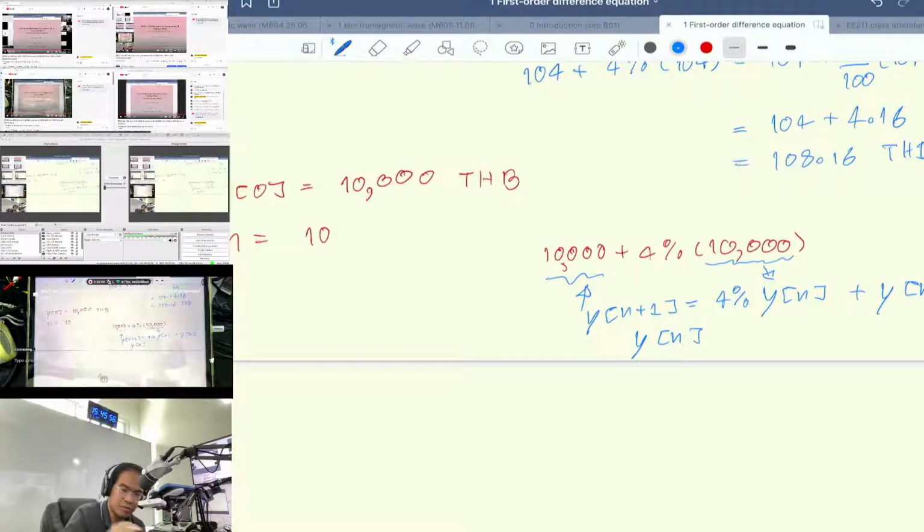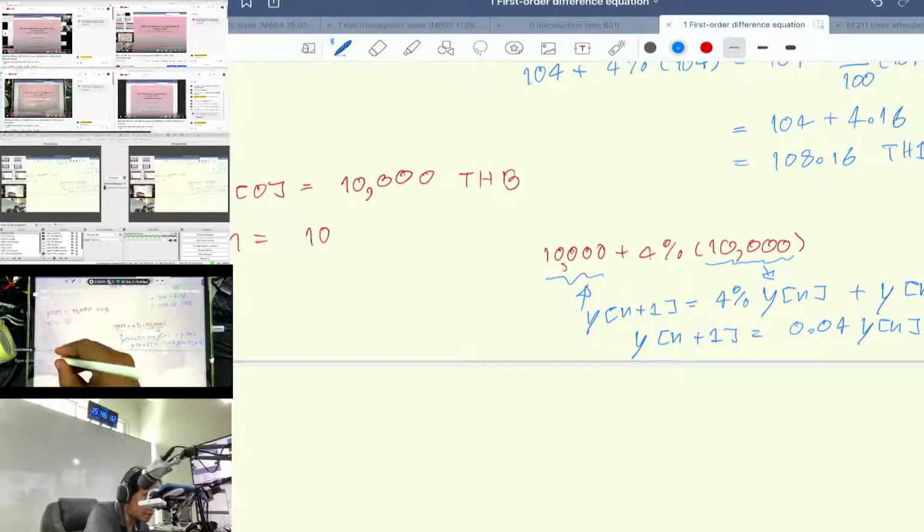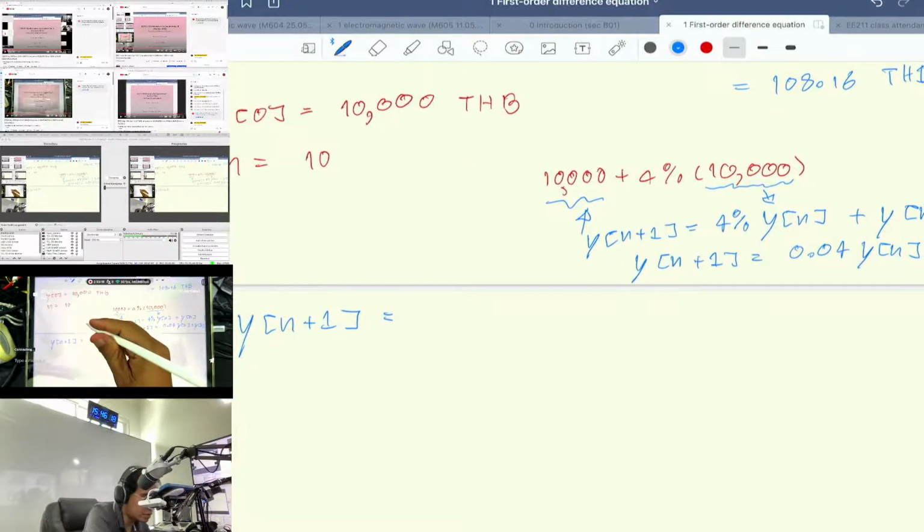And here you would have yn plus 1, and of course 0.04 yn plus yn, and it's going to be expressed like this: yn plus 1 equal to 1.04 yn.